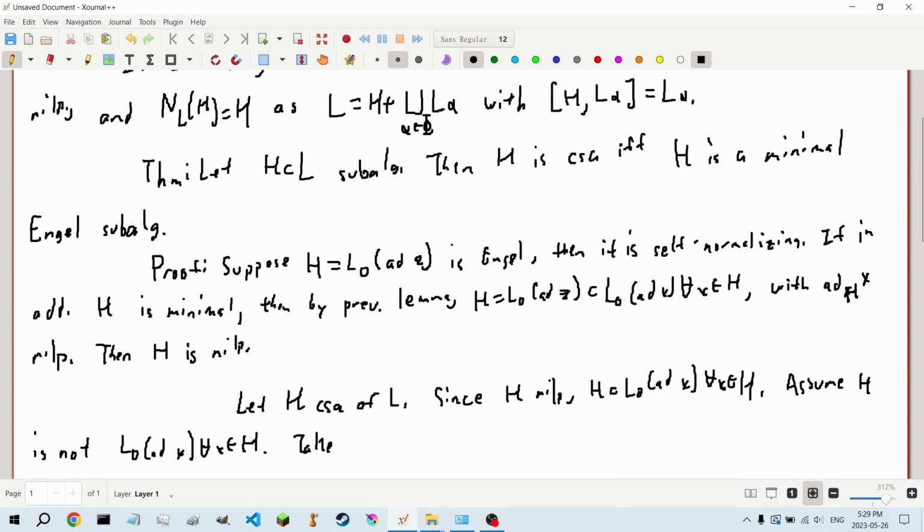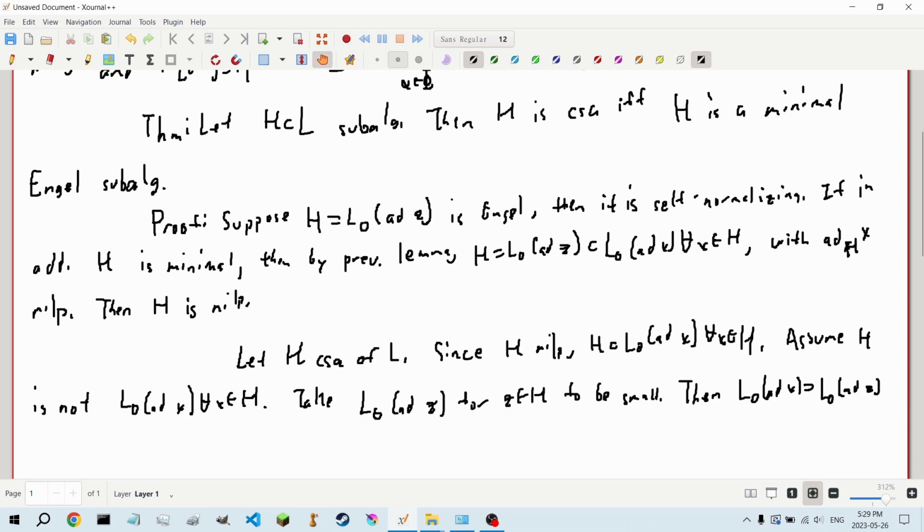We can take L_0 of adjoint Z for Z in H to be as small as possible. Then, by our previous lemma again, L_0 of the adjoint of X contains L_0 of the adjoint of Z for all X in H.